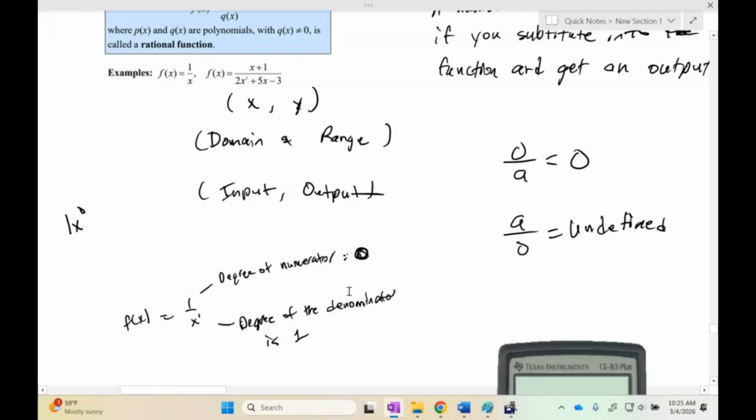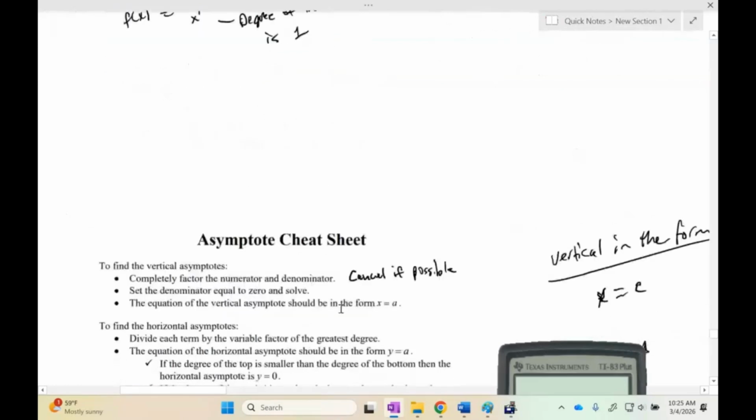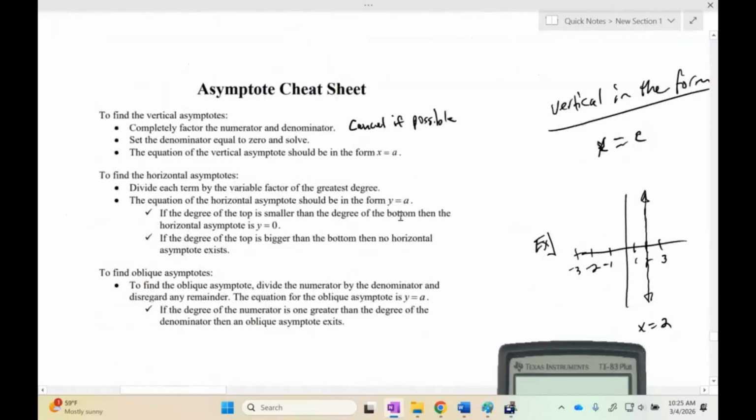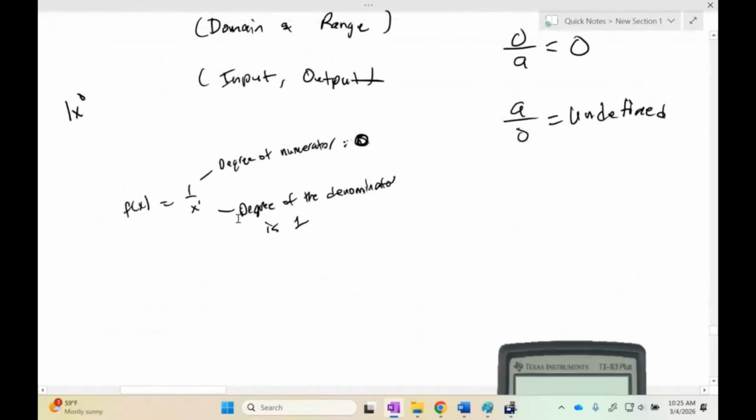So would a horizontal asymptote exist for this? It says if the degree of the top is smaller than the degree of the bottom, which it is, then the horizontal asymptote is y equal to 0. All right, so that would be the horizontal asymptote for that.